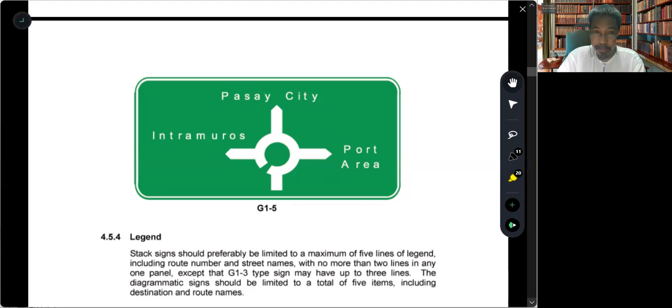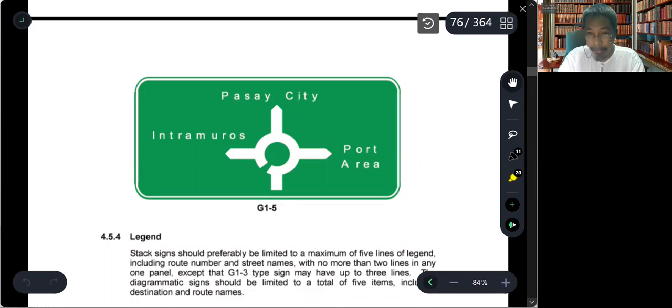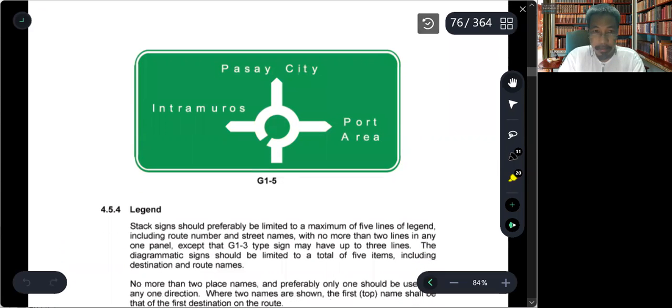from, for example, Camp Bagong Diwa or from TCU. You are approaching the rotonda. If you go to the right, that is going to Pasay. And if you go straight, that is going to Parañaque. So we also have that case in our city.